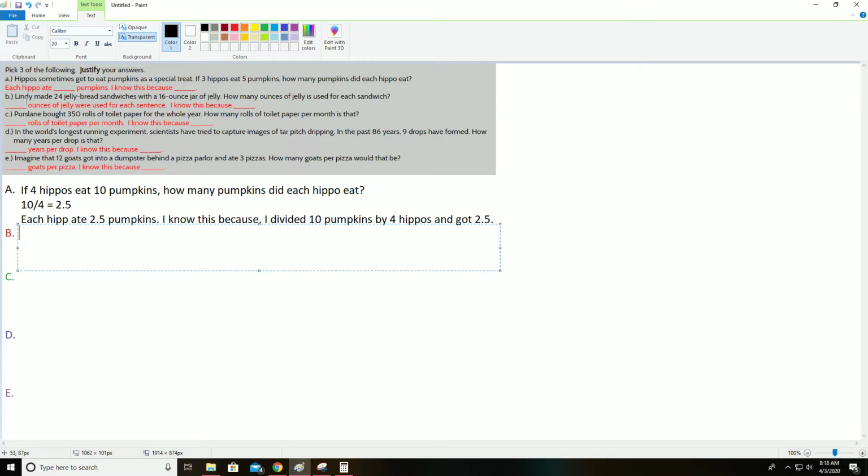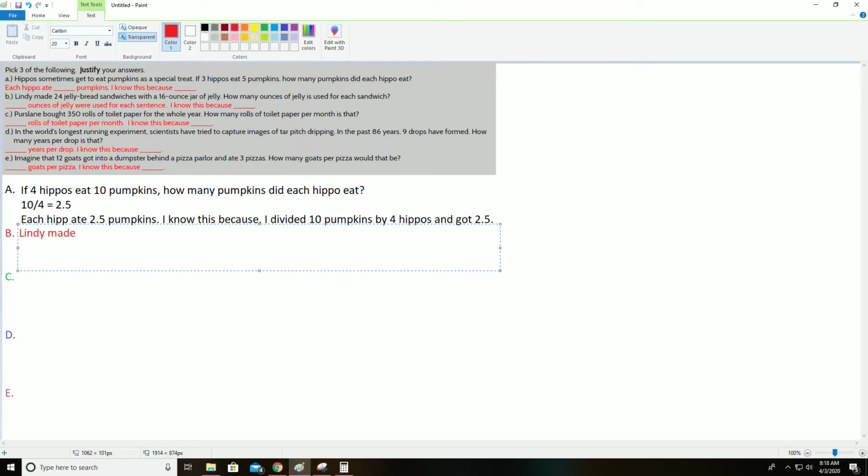Okay, letter B. Lindy made 24 jelly bread sandwiches with a 16-ounce jar of jelly. How many ounces of jelly is used for each sandwich? All right, so instead of 24, how about we do Lindy made, let's make sure our color's correct.